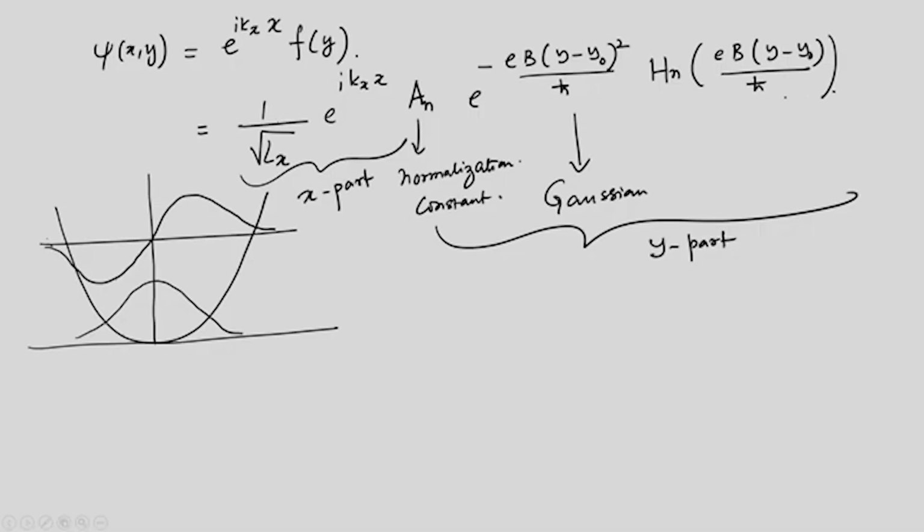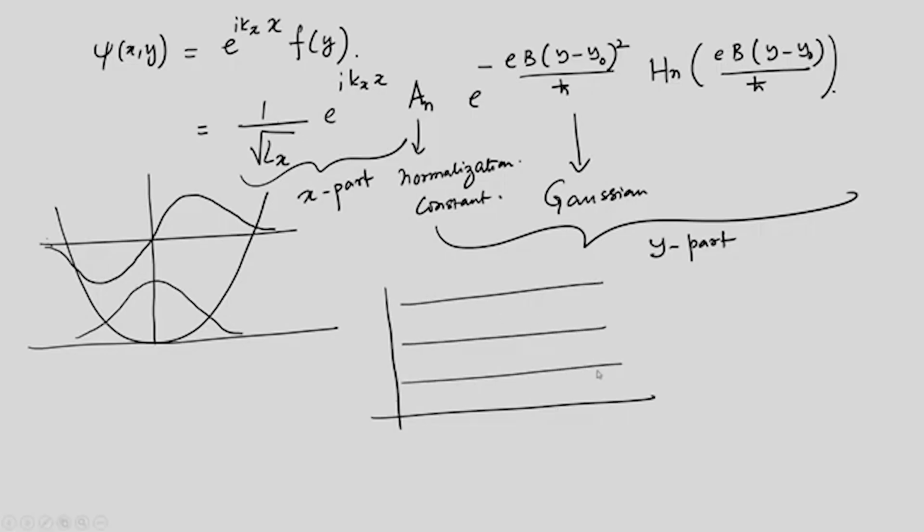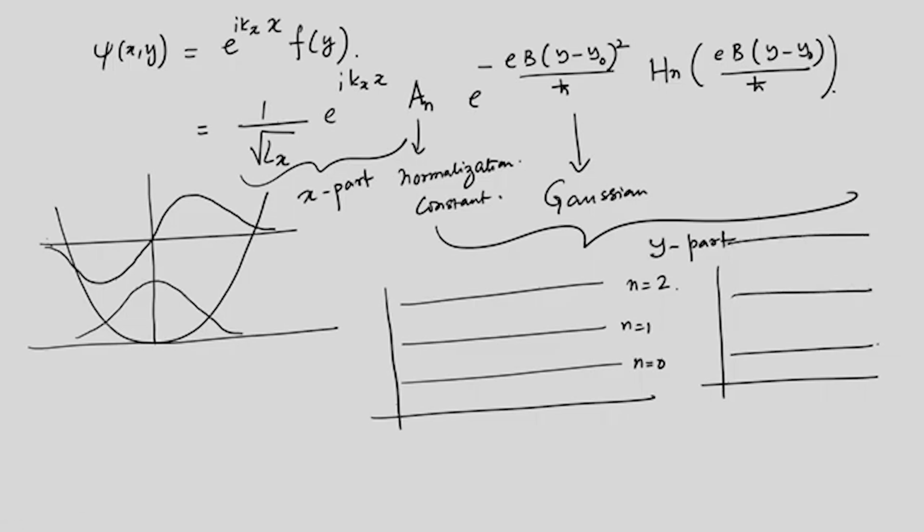Okay. These Landau levels, so if we really plot it, how does it look? The Landau levels will simply look like this. Okay. They are equidistant, for a given value of b. So, this is say n equal to 0, n equal to 1, n equal to 2 and so on. But if you draw for another magnetic field, it may look like this and so on. Then n equal to 1, n equal to 2, n equal to 3 and so on.